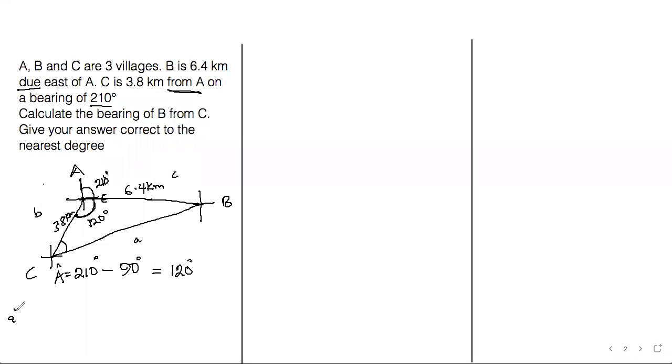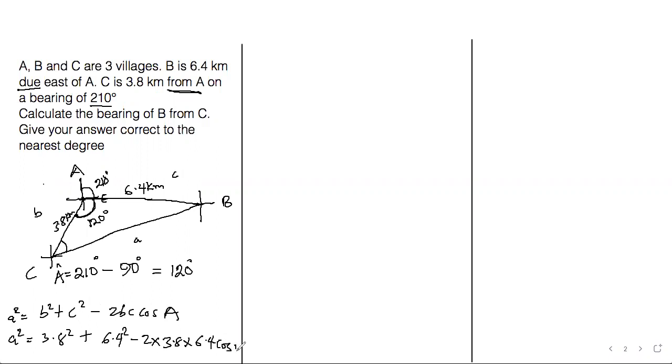So a squared will be b squared plus c squared minus 2bc cos A. So a squared will be 3.8 squared plus 6.4 squared minus 2 times 3.8 times 6.4 cos 120.